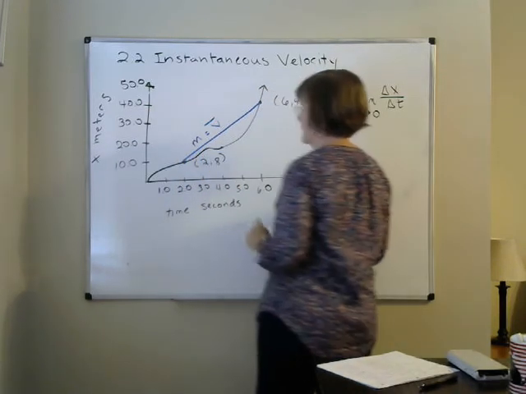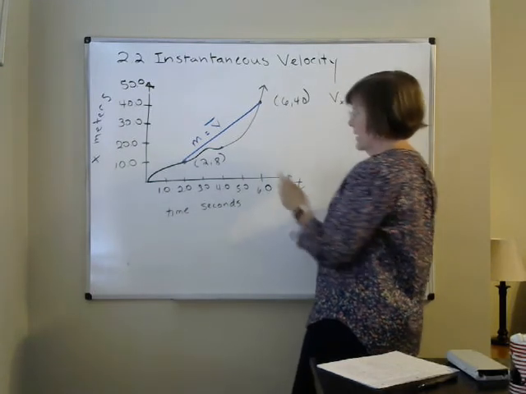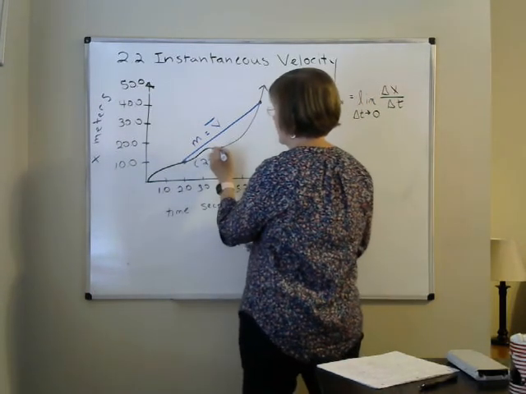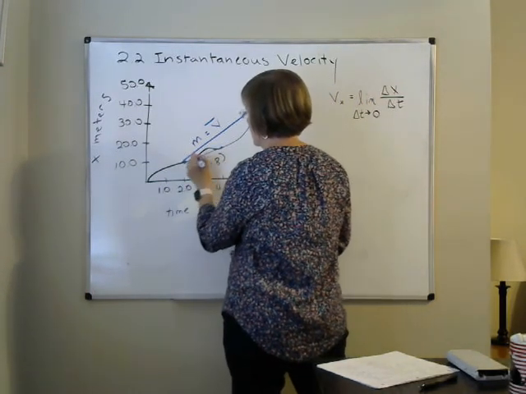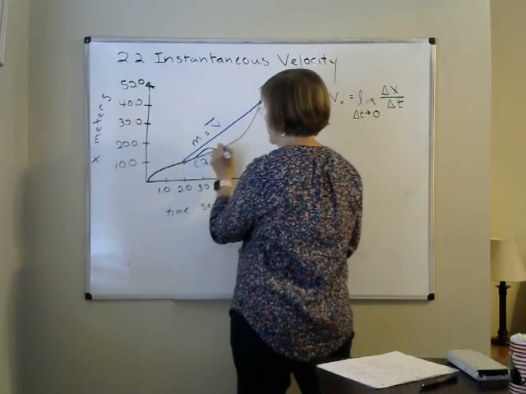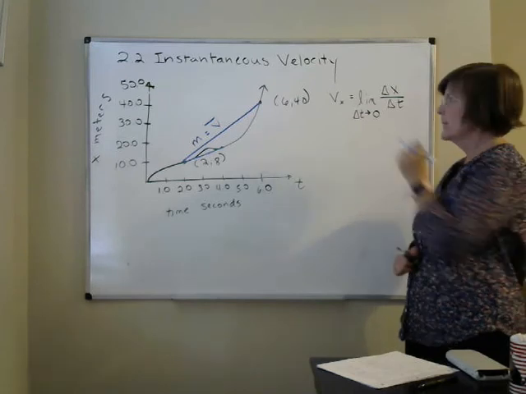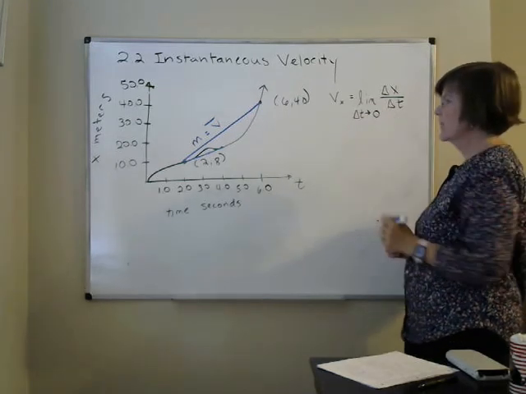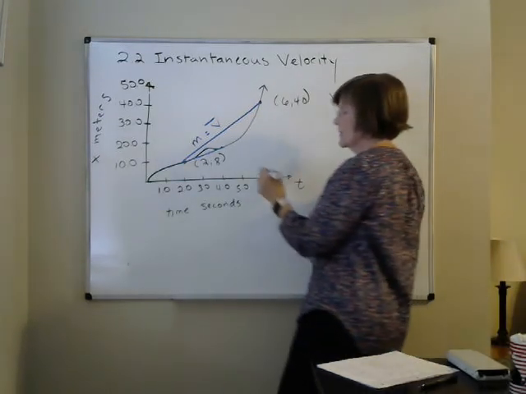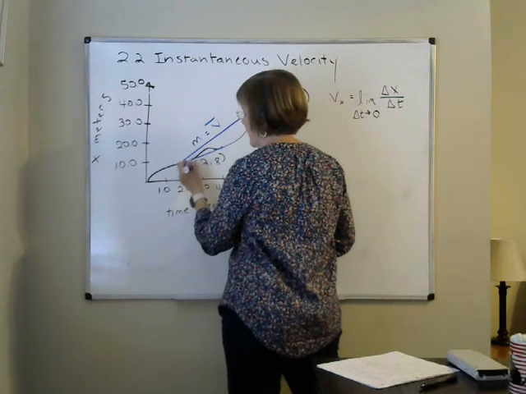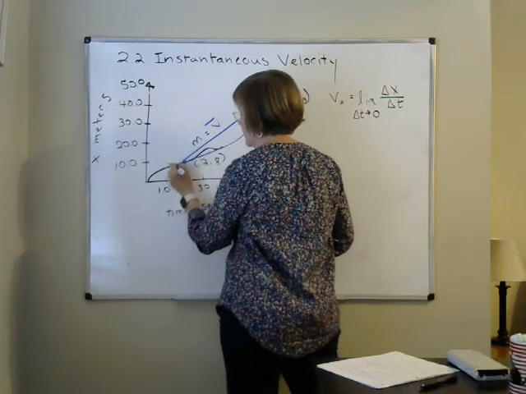There we go. That's less straight. If I go from here to here, notice when I connect those points, I get a different slope. I made that time interval smaller. What I want to do is make it so small that I get the tangent line.